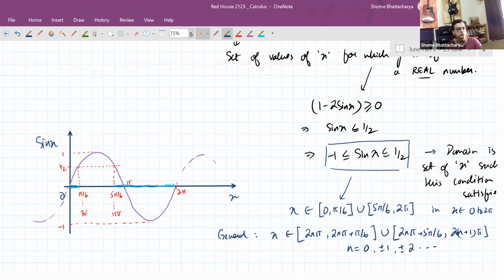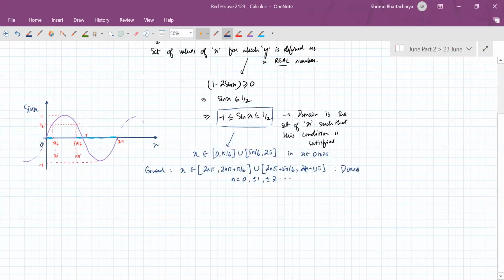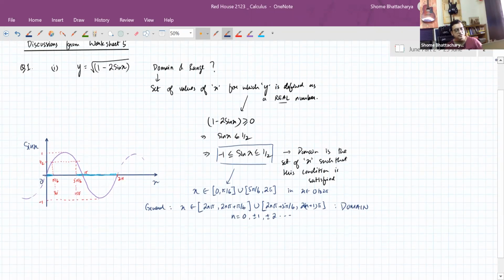So this is our overall domain. This becomes our domain. So this is more about trigonometry really than anything else. Okay.